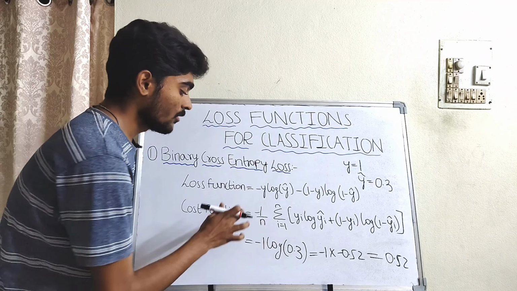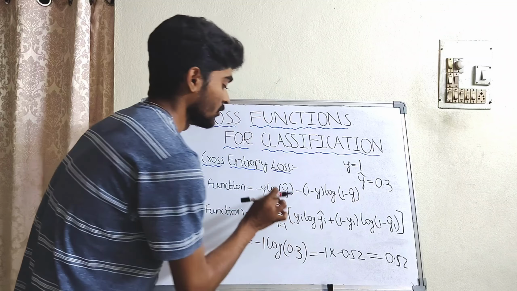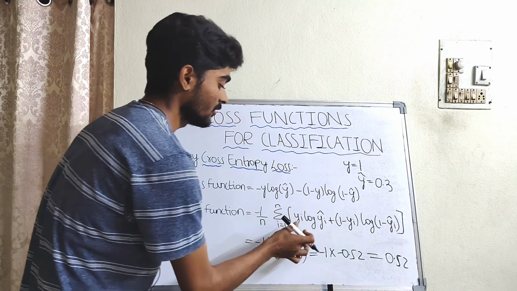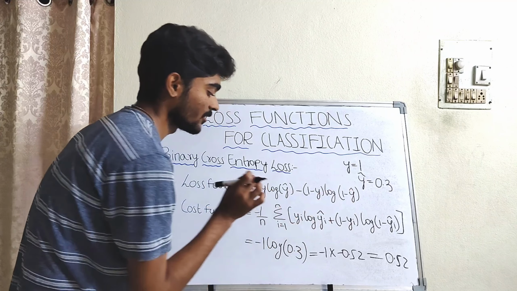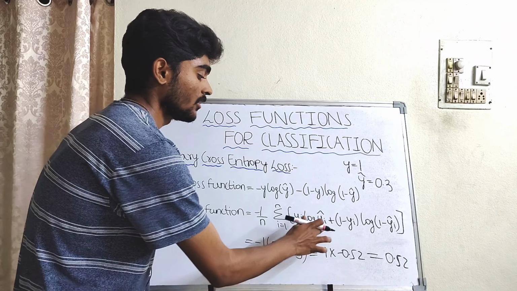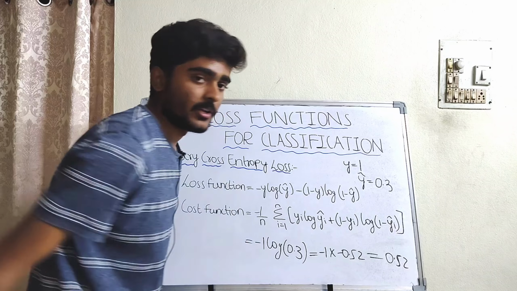So minus 1 by n, summation of i equal to 1 to n, and you are doing the summation operator over here, of yi log yi hat plus 1 minus yi log of 1 minus yi hat.